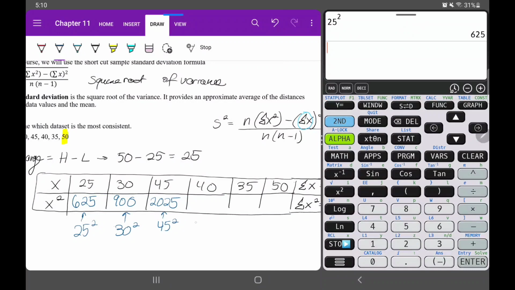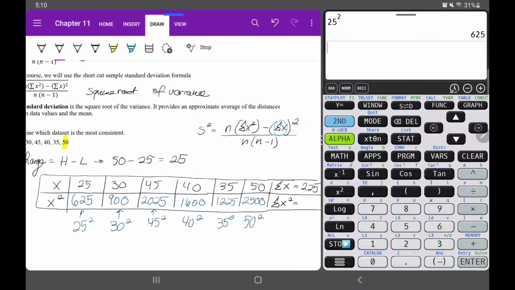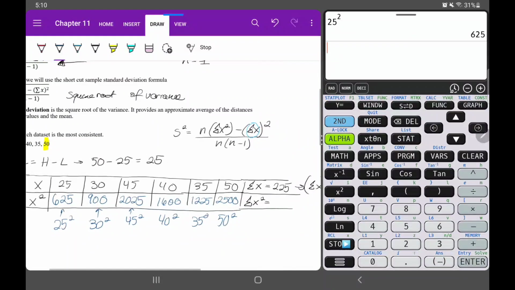If x is 40, this is 40 squared, which is 1600. If x is 35, this is 35 squared, which is 1225. If x is 50, this is 50 squared, and that's going to be 2500. Once you square the data values, add those values together to get the sum of the squares for your data values.